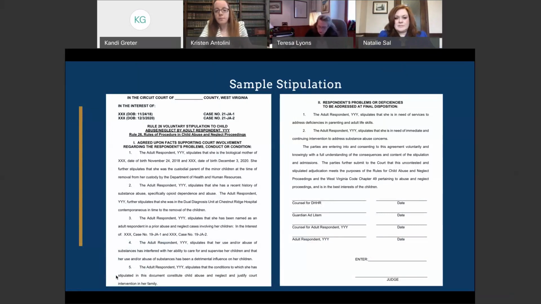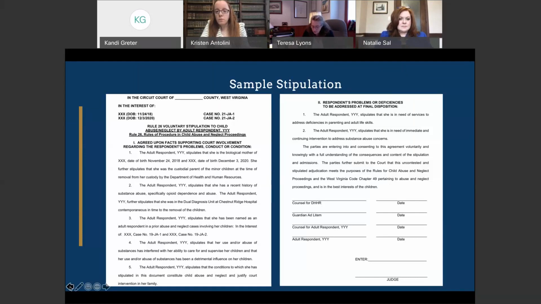Okay. The first thing that you want to look at is you want to identify the adult respondent. Then the respondent identifies the facts that they're agreeing to, and then they identify the conduct that led to the case, and finally they agree that it constitutes child abuse and neglect.